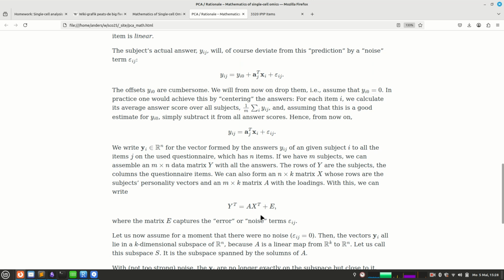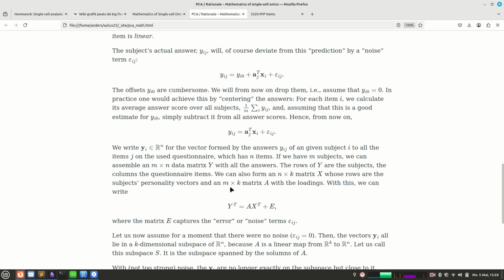And you see here, this is a linear map. This means that if we for a moment ignore this error term and imagine this would be exact without the E, then the k-dimensional personality will be mapped into this question-answer space, but it will all be mapped into a k-dimensional subspace, because A as a linear mapping can only map a k-dimensional vector into a k-dimensional subspace.